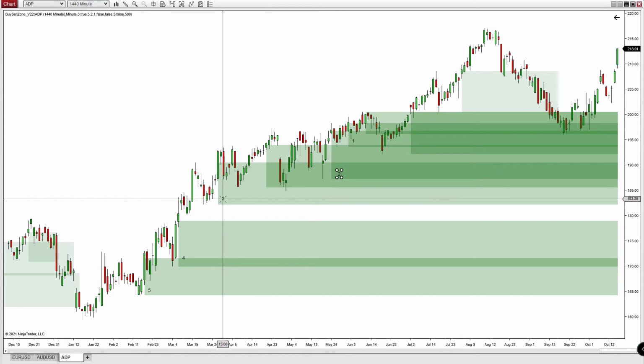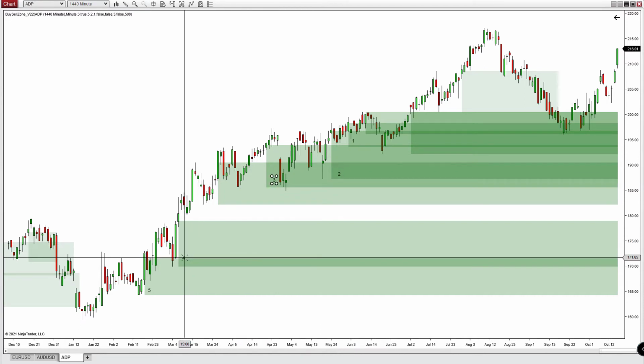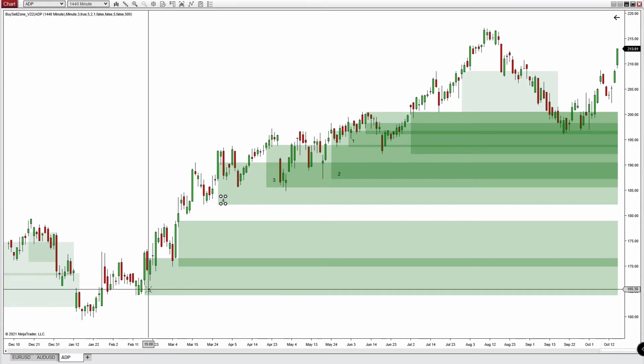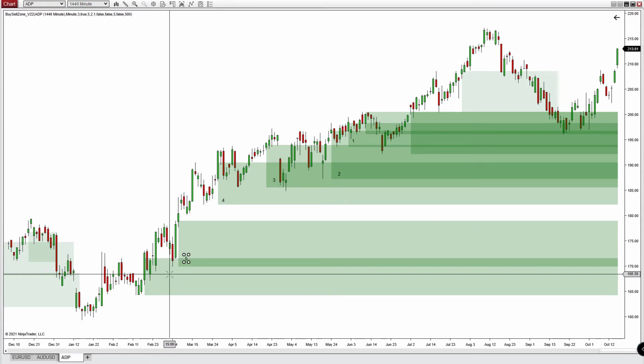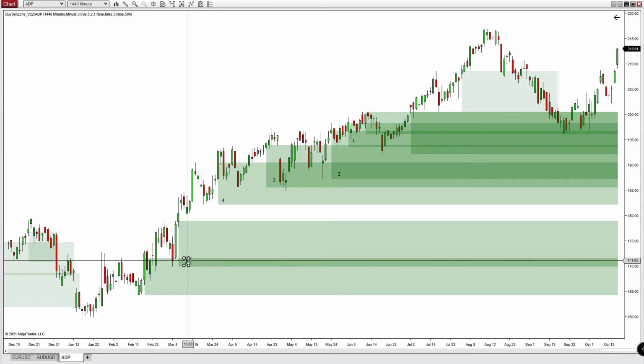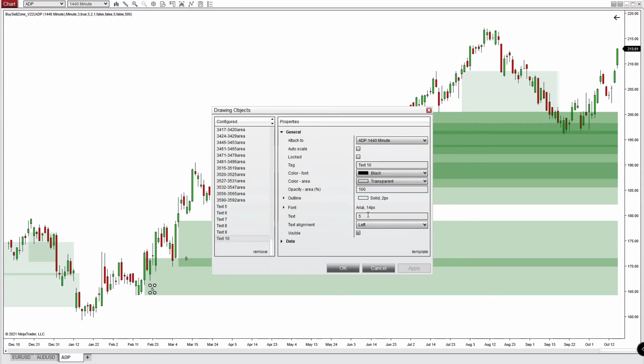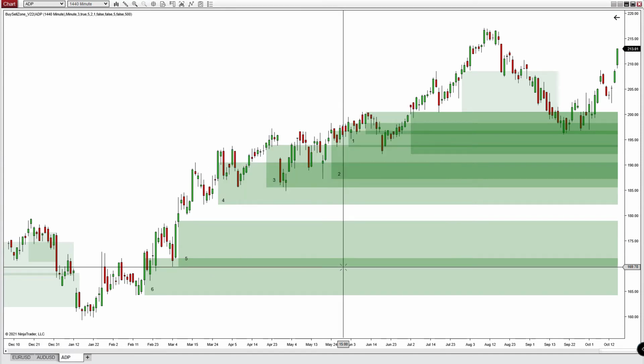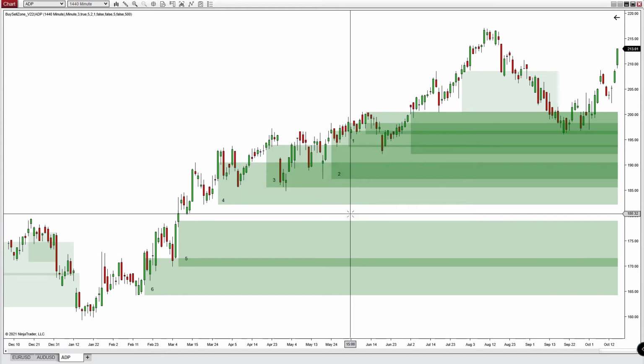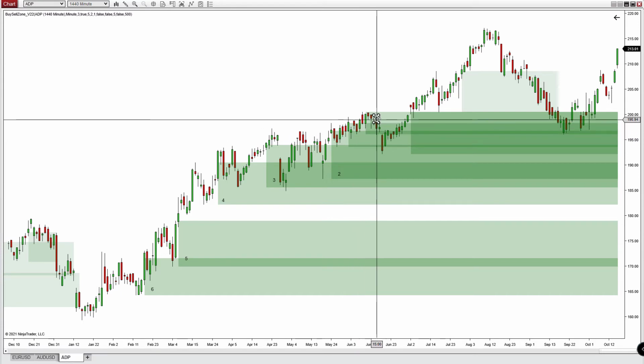This is your 2. This is your 3. This is your 4, your 5, and we now have 6. You're not going to have this many zones in a row very often, but this is a perfect place to be practicing. Okay, we're getting close, guys.